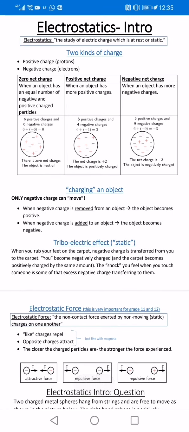Please remember that. If electrons are removed, or if negative charge is removed, it means your object becomes positive or becomes more positive. We could have an object that is negative and we remove some of the negative, but it's still negative, just more positive than it was. Then the other option is if negative charge is added to your object, then your object will become more negative.